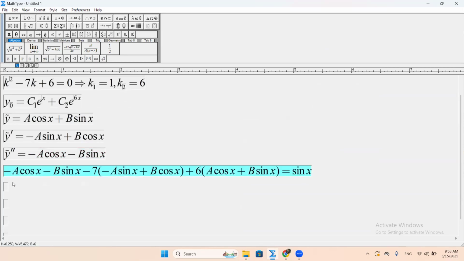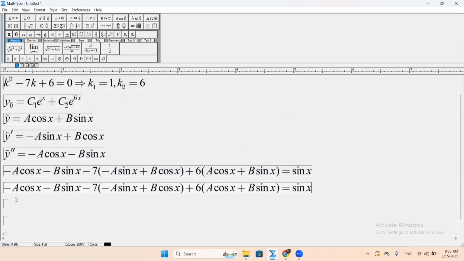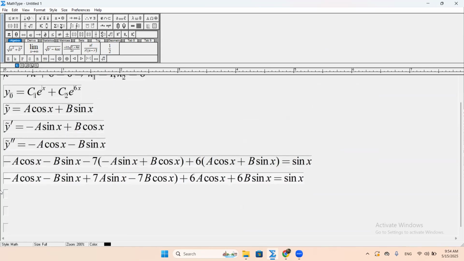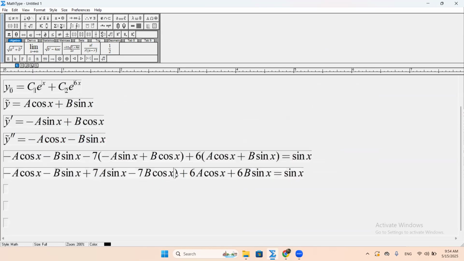Now let us expand brackets and find undefined coefficients: plus 7A sine of x minus 7B cosine of x, and here plus 6A cosine of x and plus 6B sine of x.